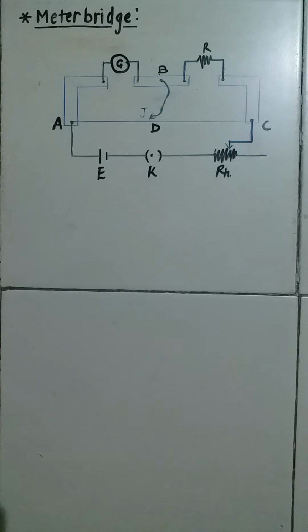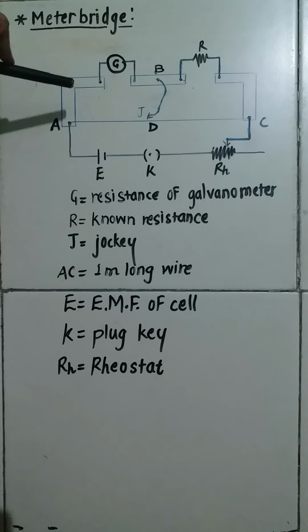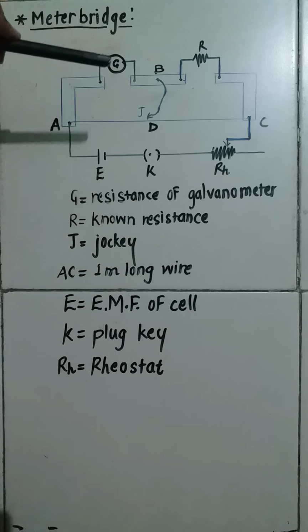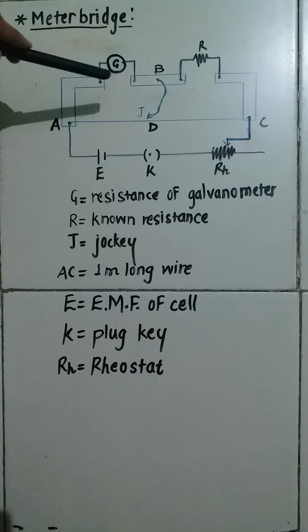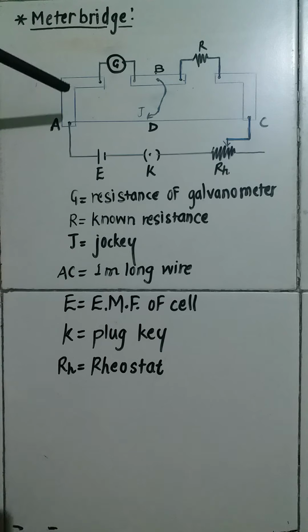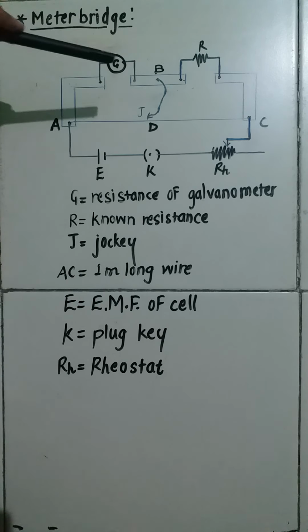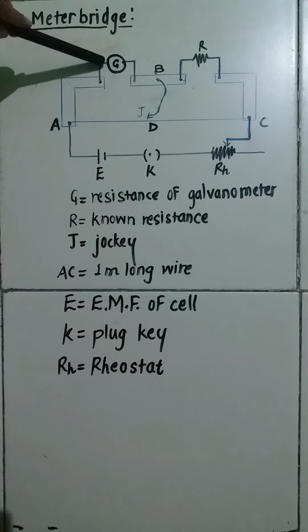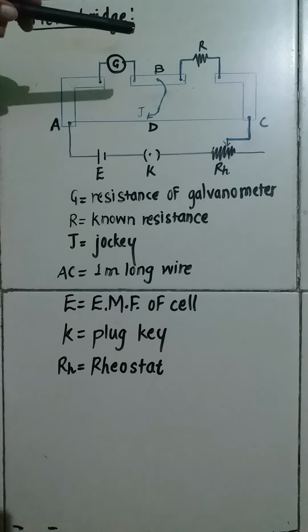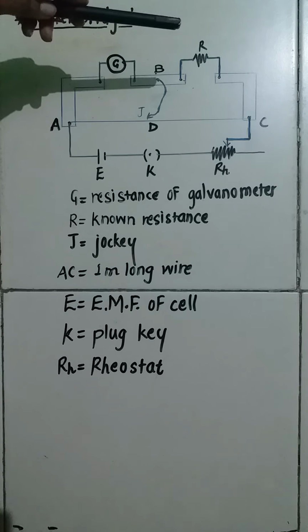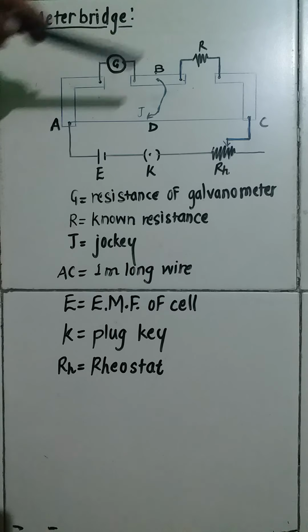Label this diagram. Now, construction of meter bridge we have seen in the previous lecture. Meter bridge consists of 3 metal strips, 2 L-shaped and 1 straight, fixed on a wooden board in such a way that 2 gaps are formed. In one gap the galvanometer whose resistance is to be determined is connected, and in the second gap a known value of resistance is connected.